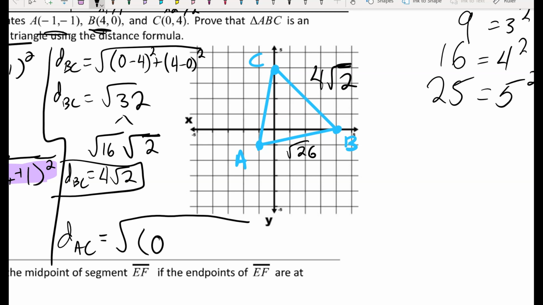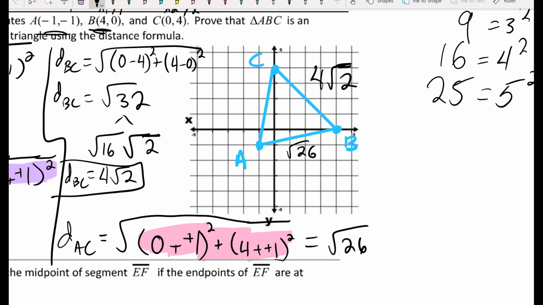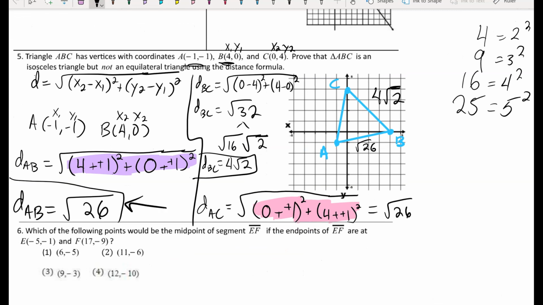So I could do x2 minus x1 plus y2 minus y1. And this is all under the radical. Again, when I go into my calculator, I only type in what's under the radical. So 0 plus 1 squared plus 4 plus 1 squared is 26 under the radical. And bingo, that's what we were looking for.